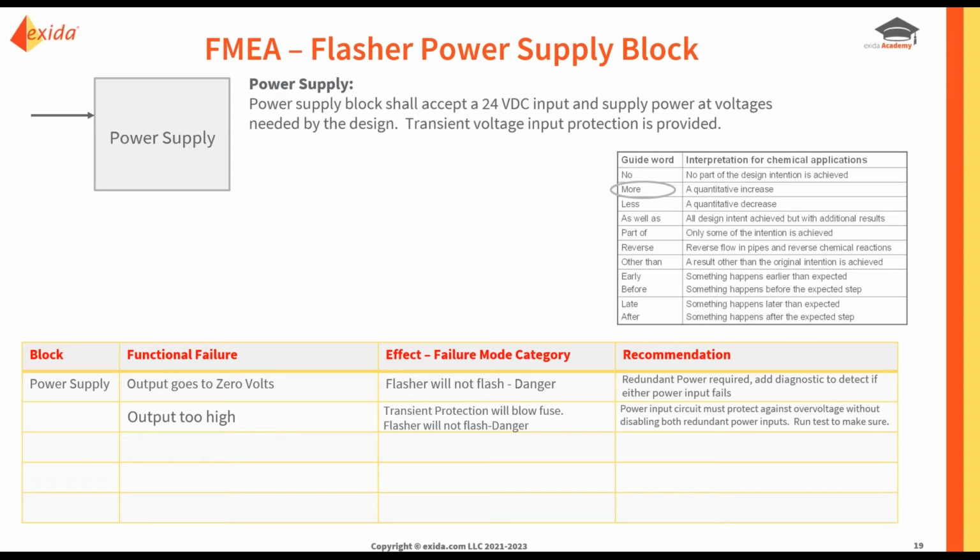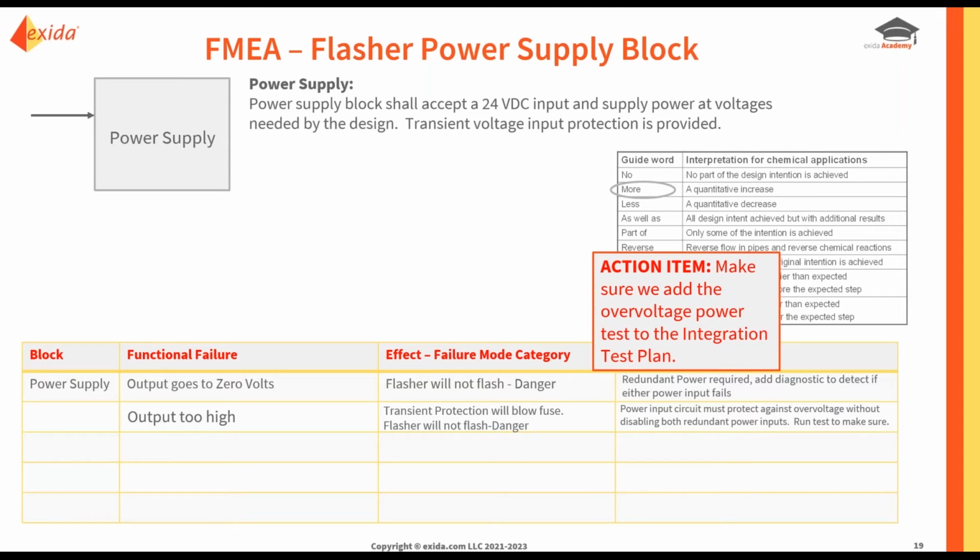Therefore, we're going to define a test. We'll define a very detailed test, but right now we've got to document the test objective and the need for a test. And so in most FMEA, in an FMEA spreadsheet and in many tools, we have to write up an action item to make sure we add the overvoltage power test to the integration test plan.